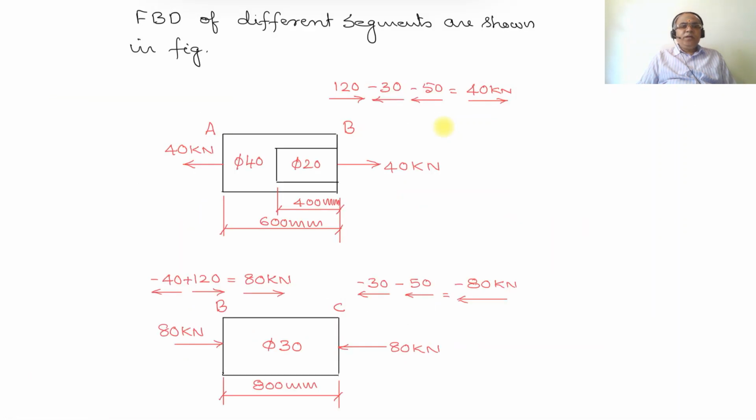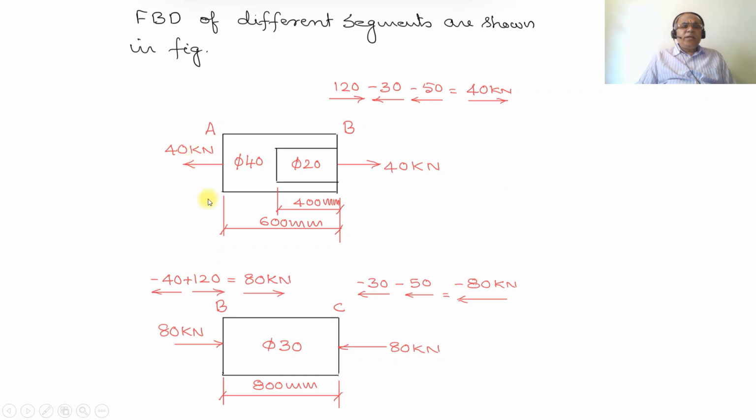So what does it mean? If you are considering here, this can be further divided into two parts. One is the extension of the onboard section, that is from here to here, and this is the extension of the board section.